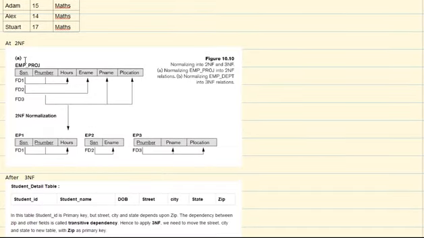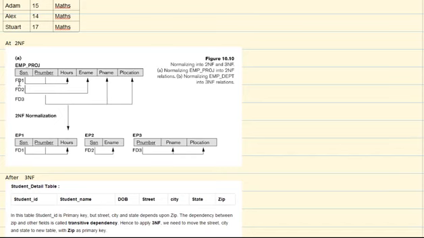The second normalization rule is that if there is one primary key and the non-prime attributes are not fully functionally dependent on the primary key, then you have to separate them out. For example, in this table, SSN and P number determines hours, but P number only determines P name and P location, and SSN only determines E name.